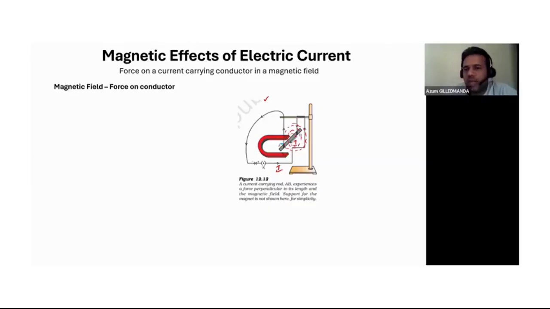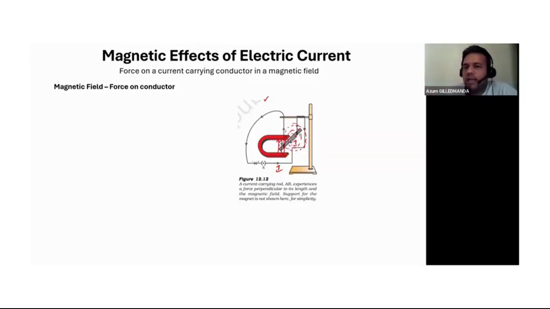Now, if it is placed between a horseshoe magnet whose north pole is here and the south pole is here, that means the magnetic field lines are in the upward direction. So we have a magnetic field going up and a current flowing in this direction.